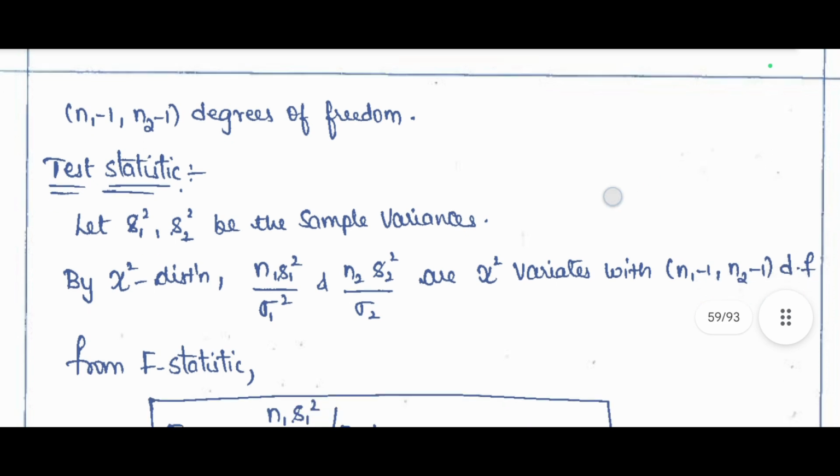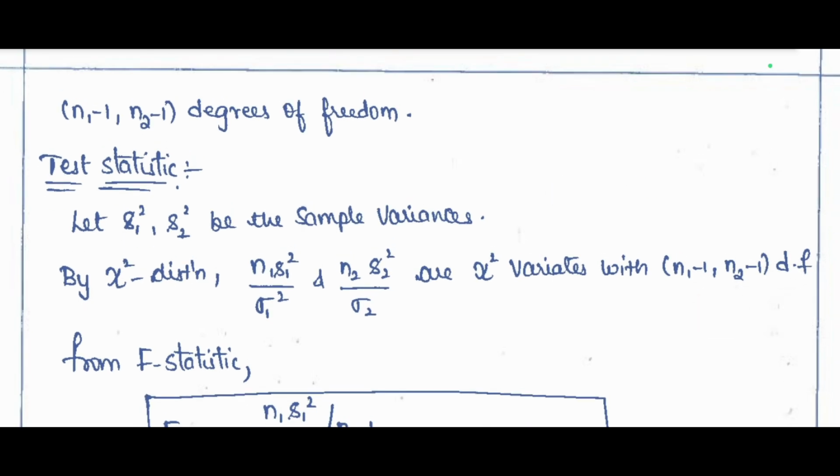Now the test statistic. In general, what is the F test statistic, or what is F calculated? How is the F statistic defined? It is completely defined on chi-square random variables; it is a ratio of two chi-square random variables.